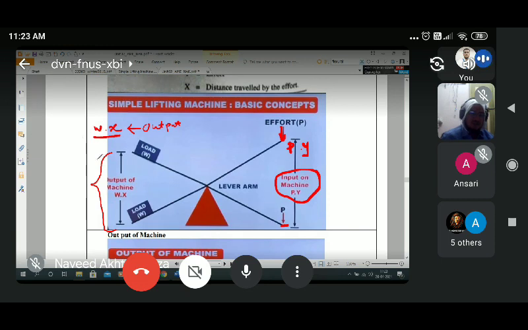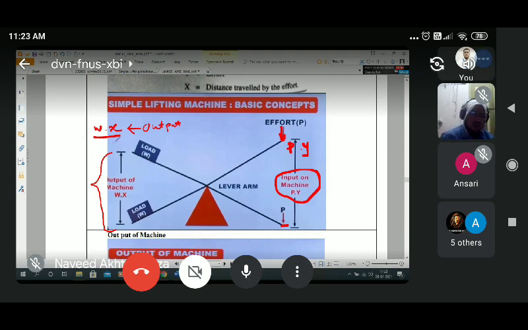Similarly, the output of the machine is the load that we lifted with the effort, and the distance it traveled. The distance traveled is denoted by X and the load is W. So W into X, that is work done, is said to be the output of the machine.